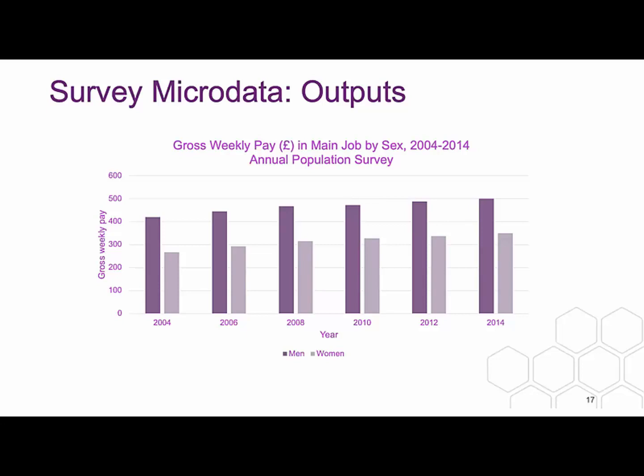So you can see that in 2004, the gross weekly pay of a main job for men was £420.57, and for women it was £266.30. And then at the other end, 10 years later in 2014, the gross weekly pay of a main job for men was £499.96, and for women it was £349.36. So they're the sorts of things that can be created from the survey microdata. And again, we do offer guidance of how to do this.